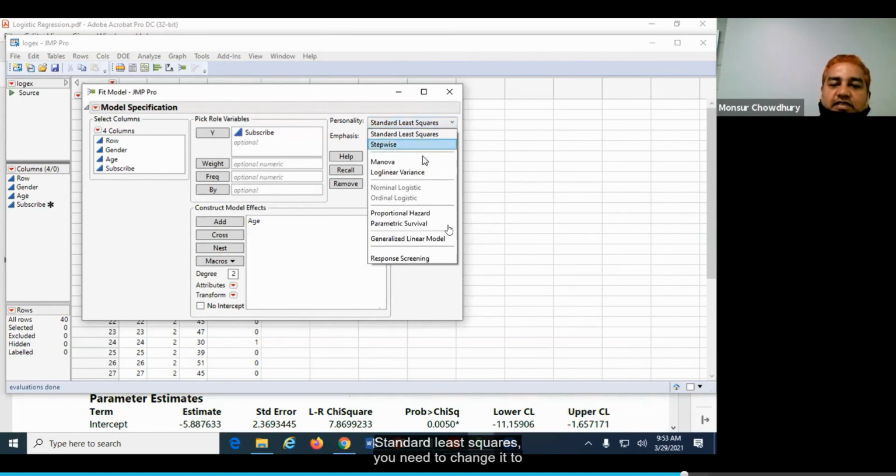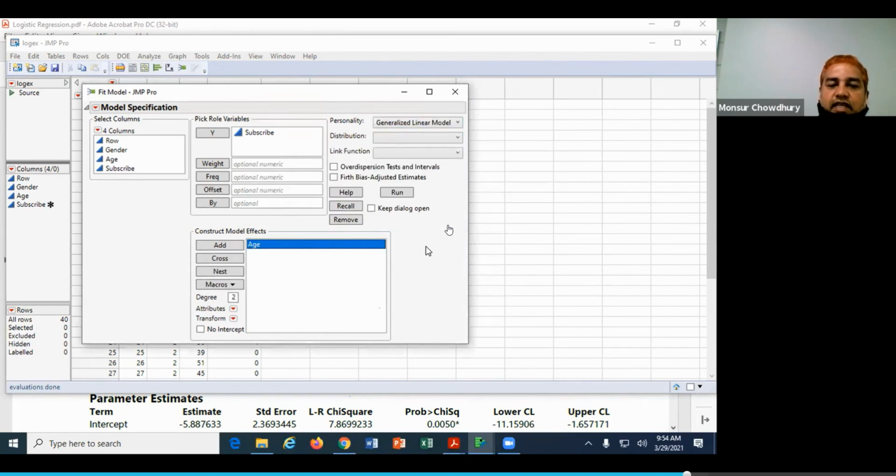Standard least squares, you need to change it to the generalized linear model. When you change to the generalized linear model, it's going to ask you what your distribution is. So this is the binomial, so we are only considering two levels. And when you choose the binomial, it gives you the link function, which is logit. And we are using the logit one.